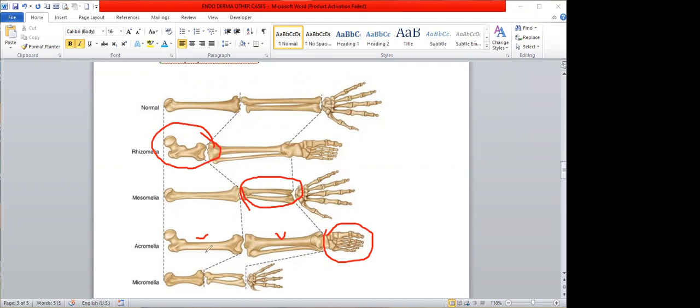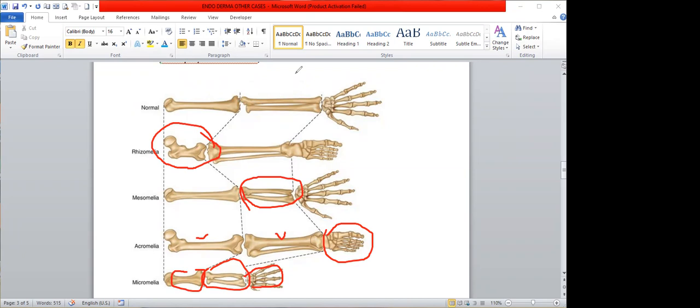That is called acromelia. Another variety is where everything is shortened: short humerus, short radioulna, as well as this part. That is called micromelia. So these varieties of shortening may be there, and according to this variety, we can even identify what the syndrome may be.